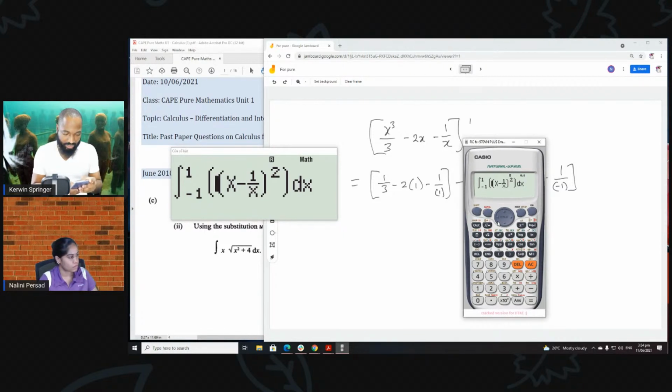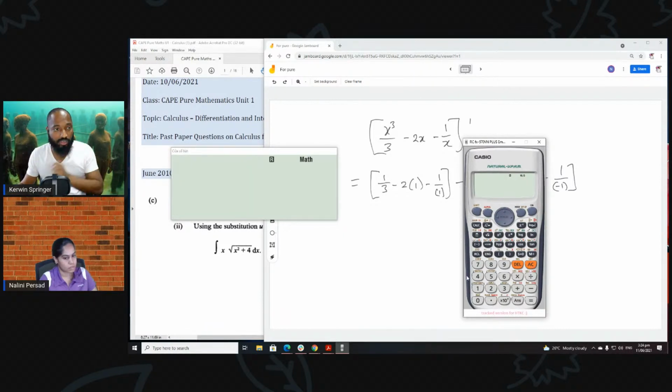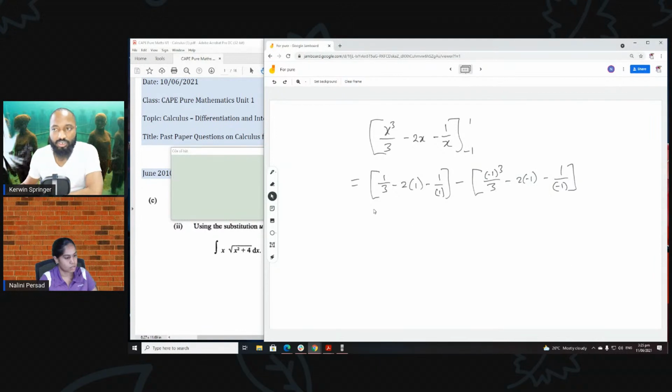I'm doing it on my calculator here. This calculator could be glitching. The answer is 8 over 3. Y'all get 8 over 3? So once again, if you're seeing it blurry, you need to change the setting on your end.